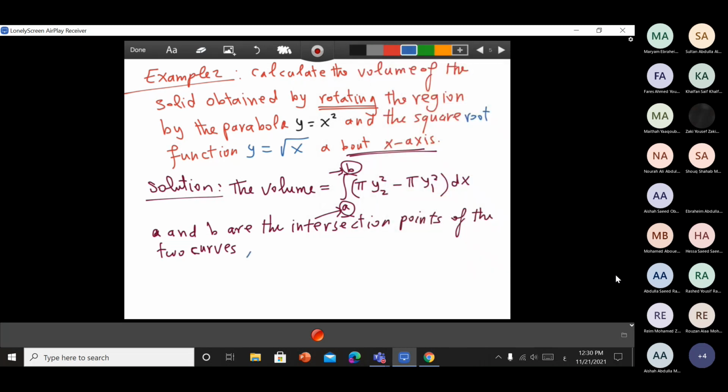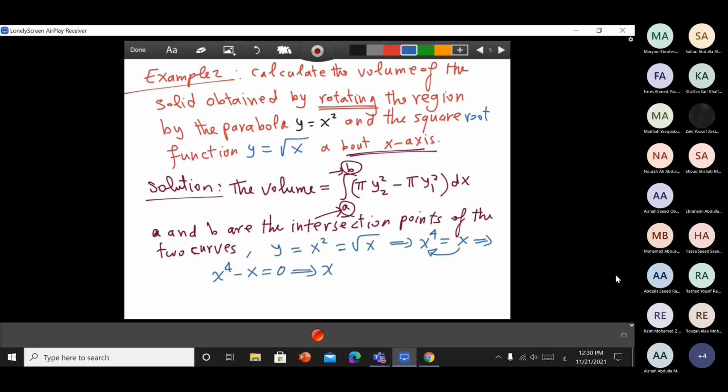Okay, so you have y equal to x squared, which will be the same as y equal to root x, right? How to solve this one? Square both sides, so you have x to the power 4 equal to x. Move this one to the other side, so you have x to the power 4 minus x equal to 0.